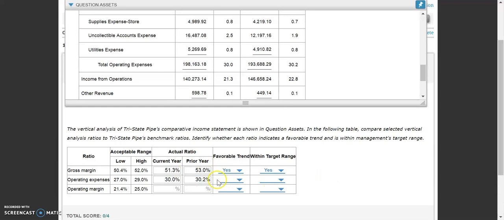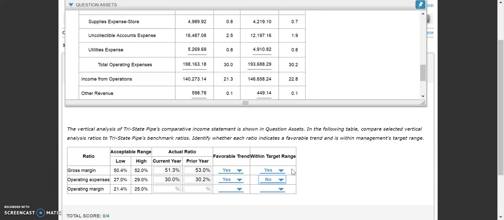So here what's happening is as our expenses are going down, that is a good thing for us. So yes, we have a favorable trend here. However, if you look what our benchmarks are, we want to try to be between 27% and 29%. We are not. So this would be a no. We are not within our target range.